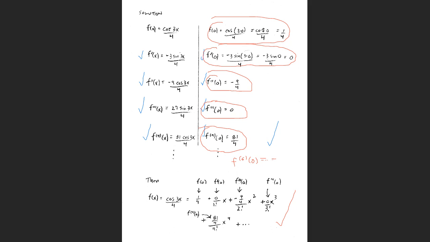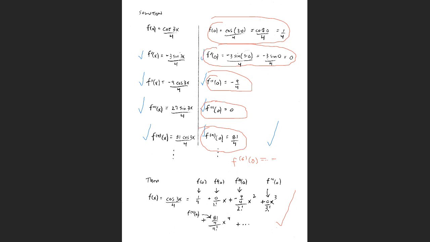Negative. Well, looking at the coefficients here, let's look at what we got here. We have f of 0 and the derivative of f evaluated at 0, f and its derivatives.